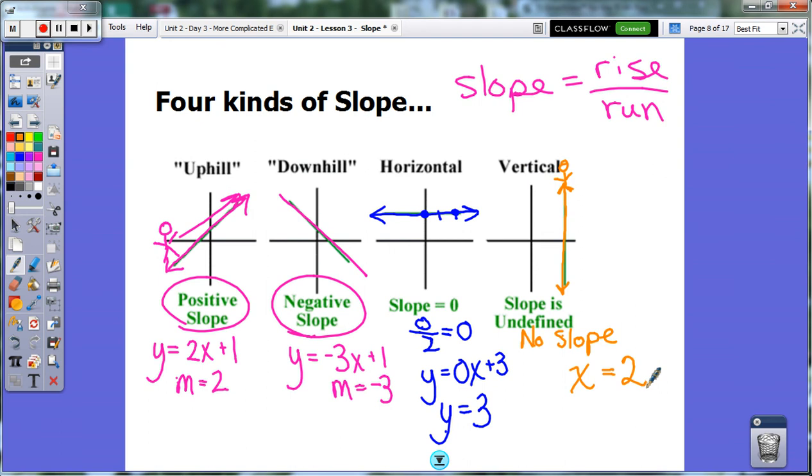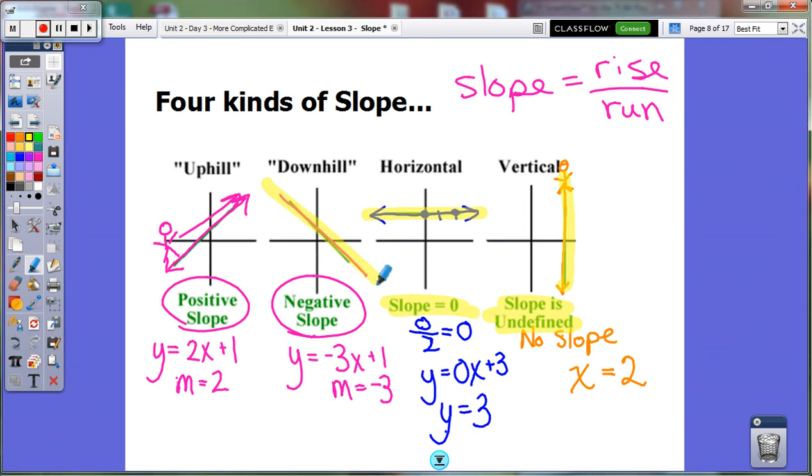But for now, you just need to realize that if you have a line that's going straight up and down, that is an undefined slope. If you have a line that's horizontal, that slope is 0. If you have a line that's like you start on the left-hand side and you go downhill, that's a negative slope, and if it's uphill, it's a positive slope. So you need to know those 4 different kinds of slope.